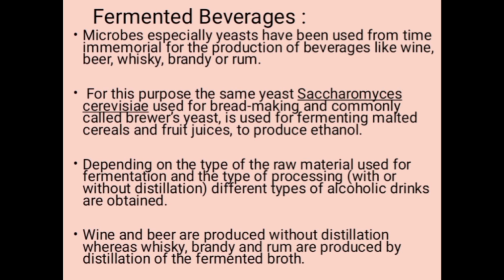Different types of alcoholic drinks are prepared depending on the type of raw material used for fermentation and the type of processing, that is, with distillation or without distillation. Without distillation, wine and beer are produced, whereas whiskey, brandy or rum are produced by distillation of the fermented product.